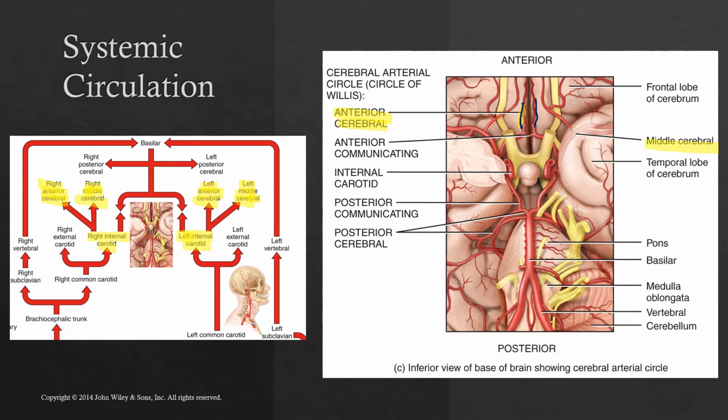Now, this base of the brain picture on the right, we can see those left and right internal carotid arteries, which are right here. These two big arteries here.